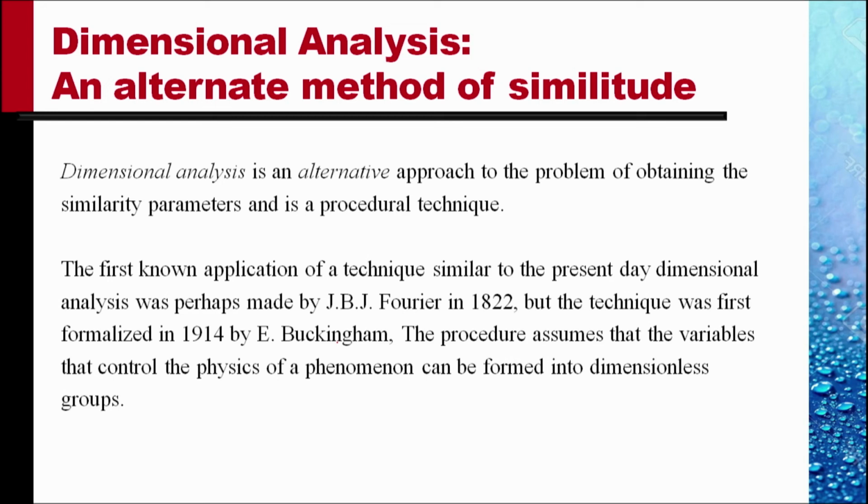That's why we have kept it for the end. The first known application of a technique similar to the present-day dimensional analysis was made by J.B.J. Fourier of the Fourier analysis fame in 1822. But the technique was first formalized in 1914 by E. Buckingham.